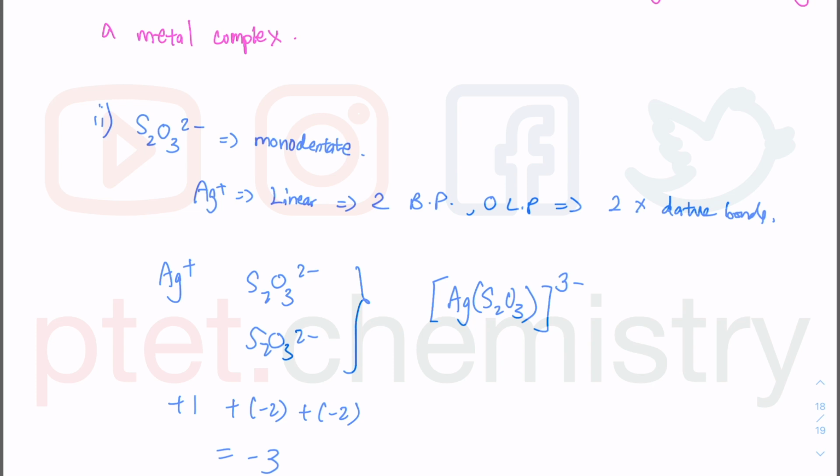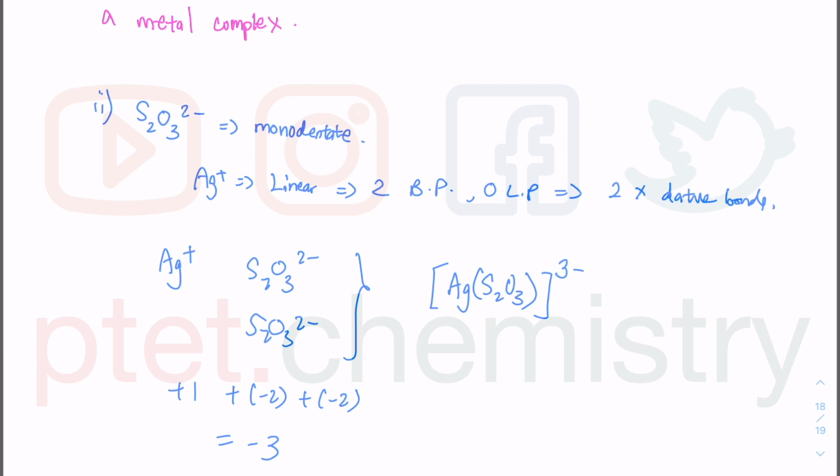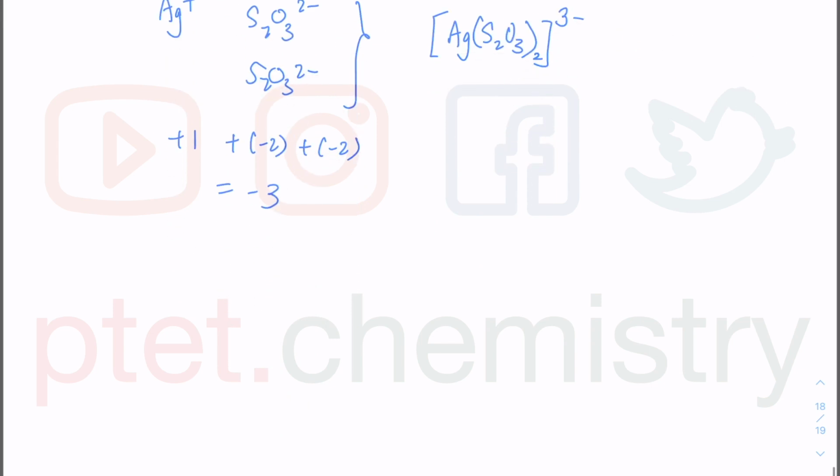So Ag, S2O3, 3 minus, including the charge. So there's just 1 mark for that particular complex there. I think I made a mistake there. There should be 2 of the S2O3 2 minus, as I did show 2 of them, and I did account for the charge, so it should be Ag, S2O3, 2 of them. All right, so moving on to the next part of the question.